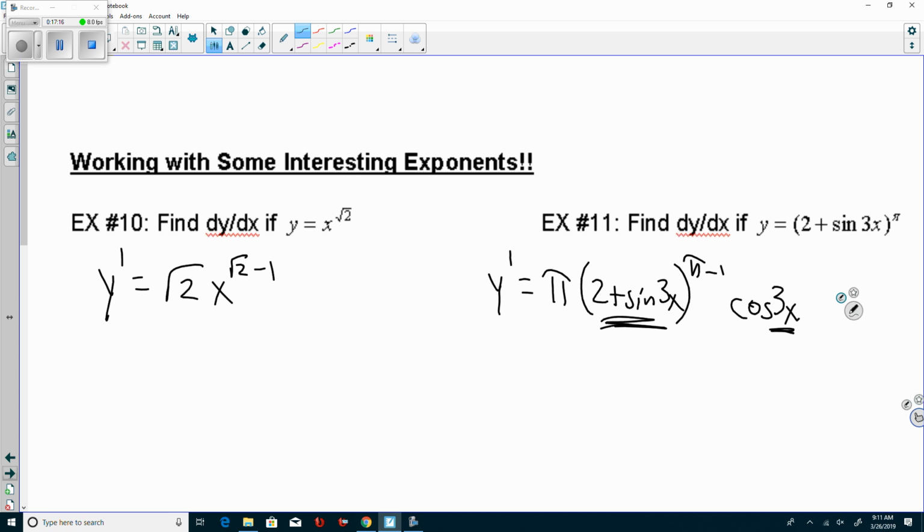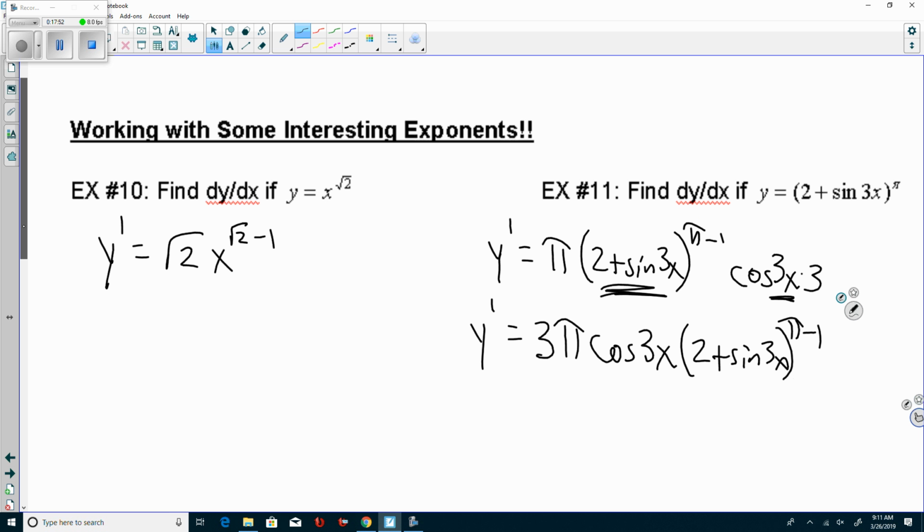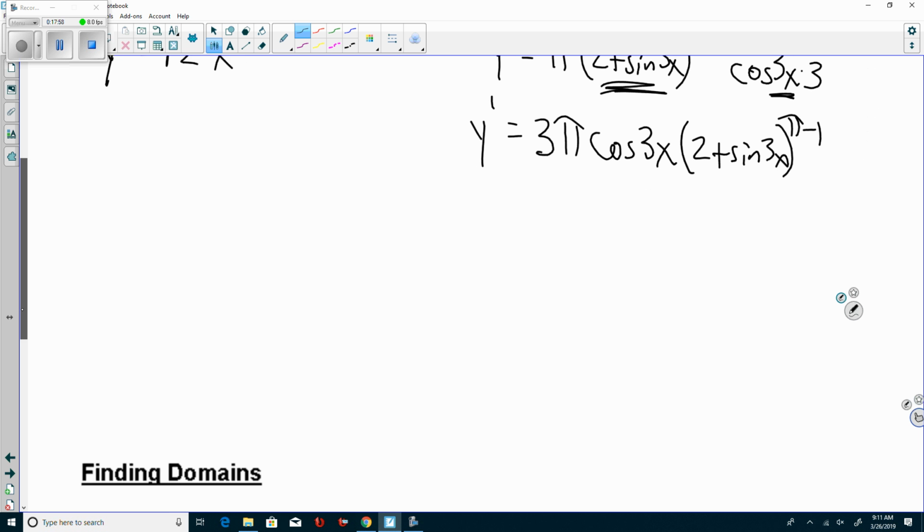And then you also have to derive the 3x to give you times 3. Right, the multiple chain. So then we organize this. So we have 3 pi cosine 3x, 2 plus sine 3x, pi minus 1. Okay, so just interesting exponents. Nothing has changed with any of the rules that you've already learned.